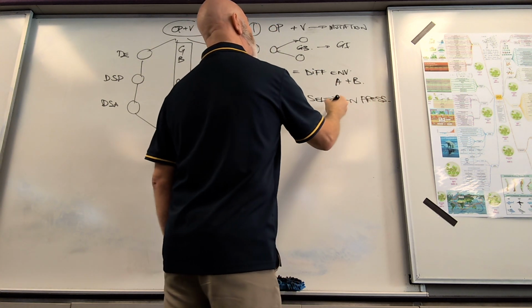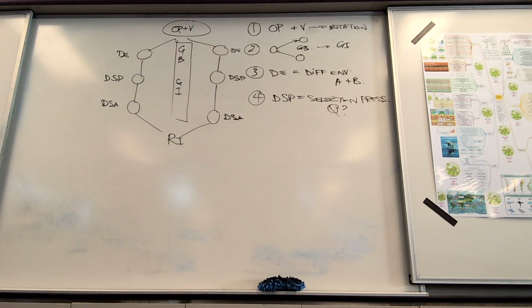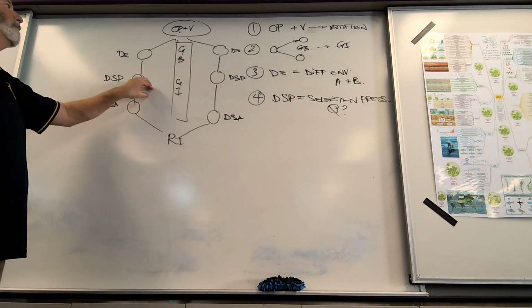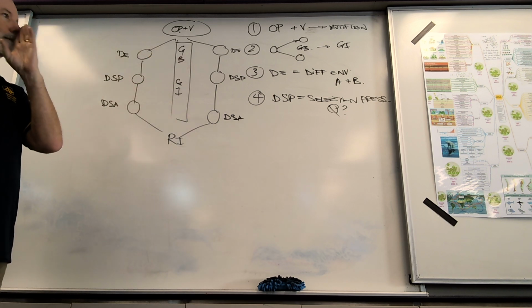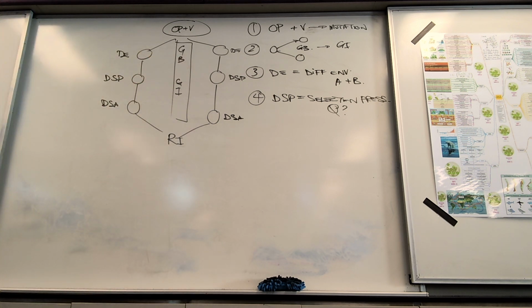Different selection, different questions are going to be asked of the populations. On one side, it might say, can you outrun a lion? And this one over here, can you escape an eagle? There's different predators. So you'll need different mutations to be able to survive the different questions being asked.